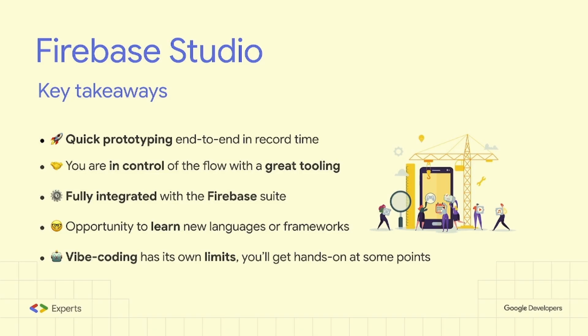One advantage, you are in control of the flow. You can use AI at first and then go hands-on using your own skills. You learn the new language, you go and iterate yourself. So that's a possibility of the two worlds. Using a bit of AI, or having the full control of the thing. It's fully integrated with the Firebase suite.